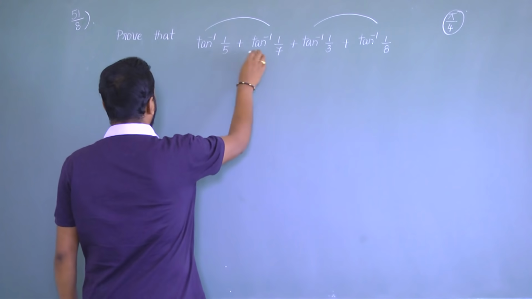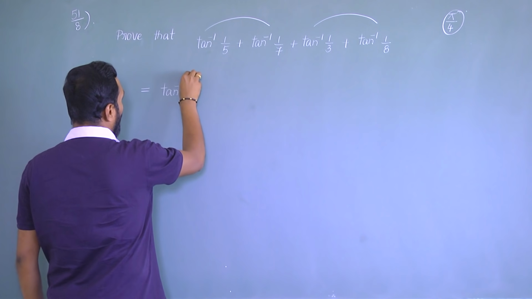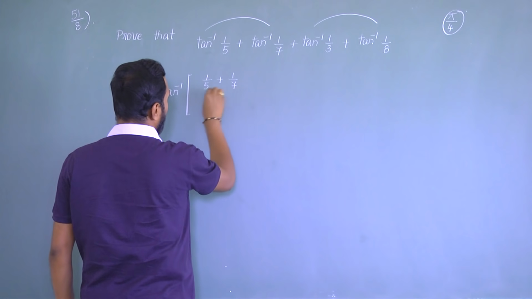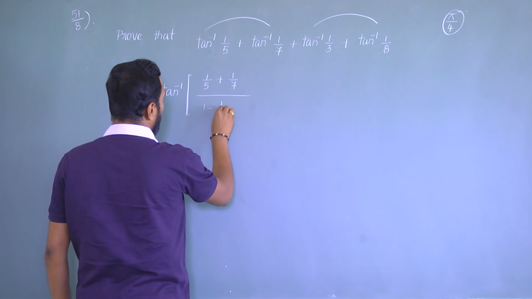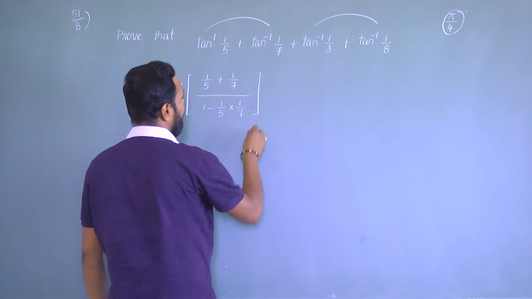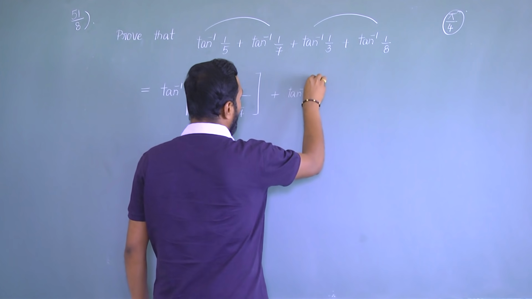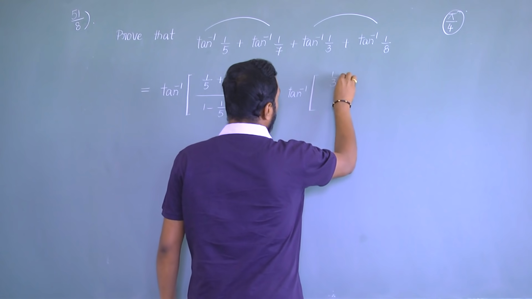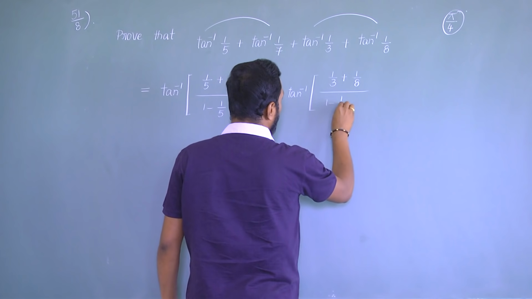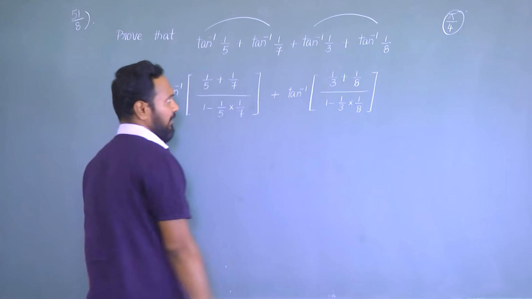So if I apply that formula, you will get tan inverse of 1 by 5 plus 1 by 7 divided by 1 minus 1 by 5 into 1 by 7, plus tan inverse of 1 by 3 plus 1 by 8 divided by 1 minus 1 by 3 into 1 by 8.